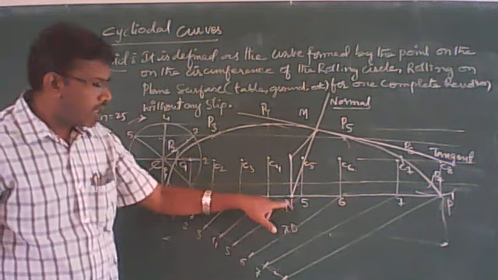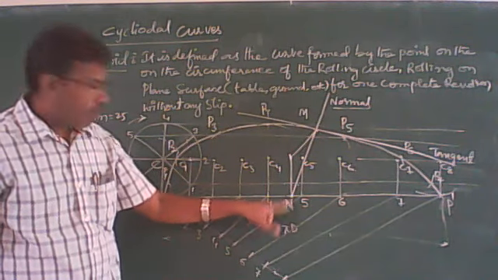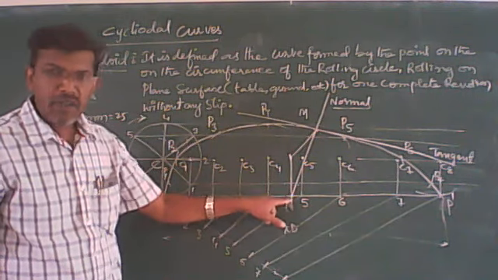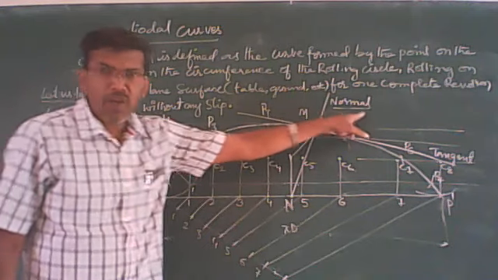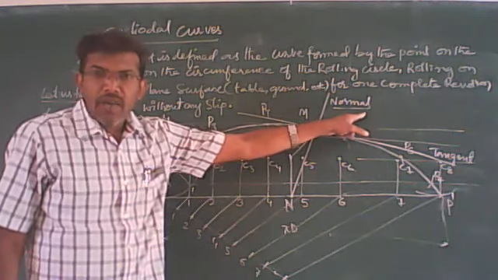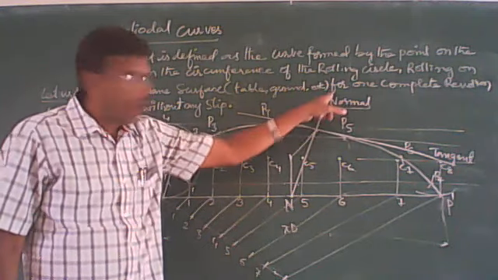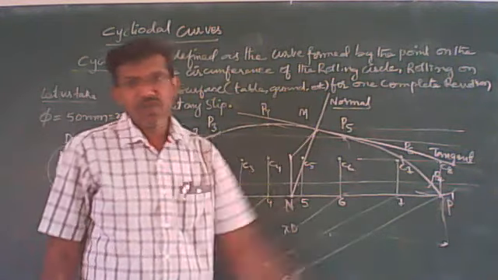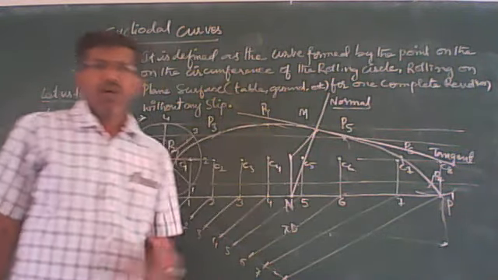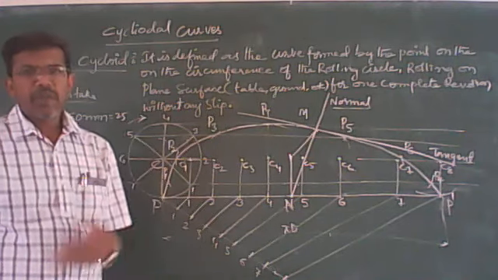After getting it, name it as N. From this point N to the taken point of the curve, draw a line which is the normal, and draw a perpendicular line to this normal. Name it as tangent. So this is how to complete a picture.